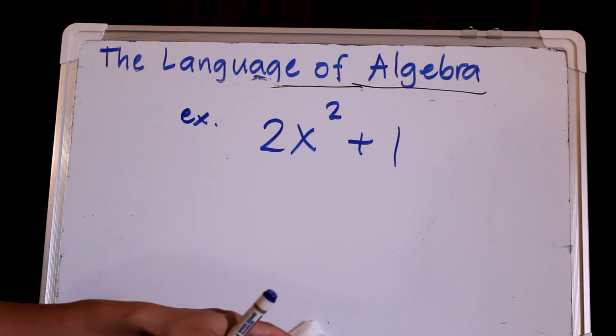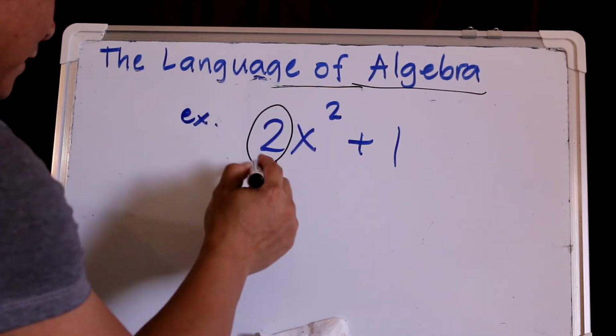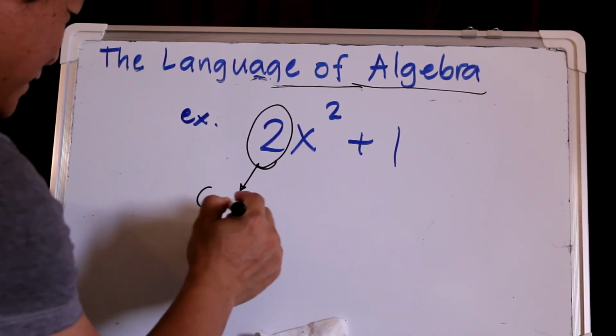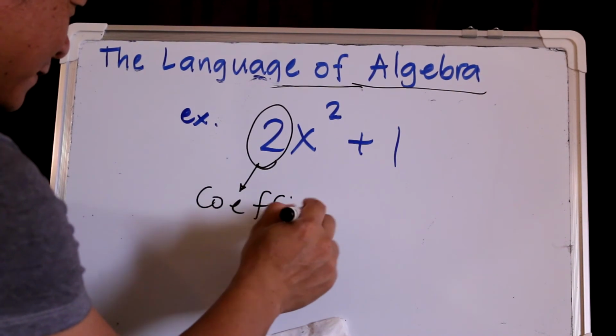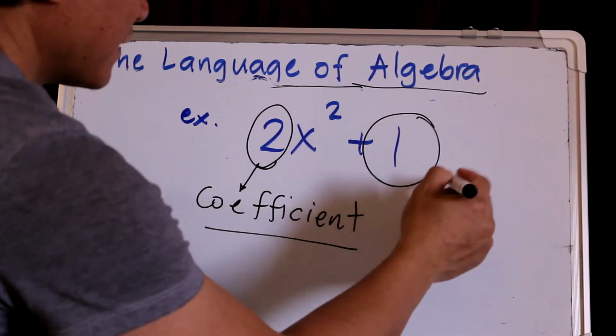You have to remember that this 2 here is called the coefficient, and the one right here is called the constant.